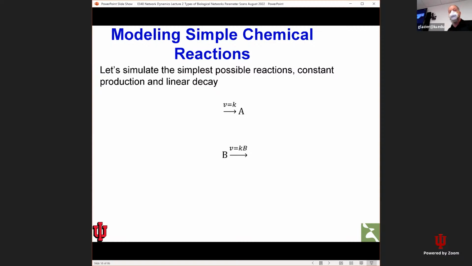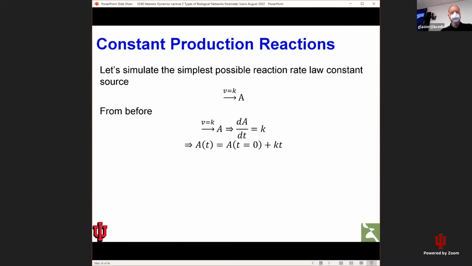So I just have a constant supply of A, and B decays at a constant rate, which is proportional to the concentration of B. And so if I write nothing goes to A at a constant rate, that's equivalent to writing dA/dt is equal to K. And that has the form that A increases linearly in time at a rate K.